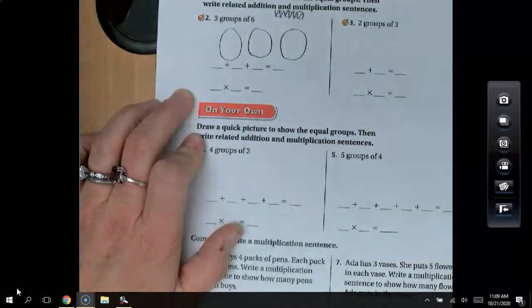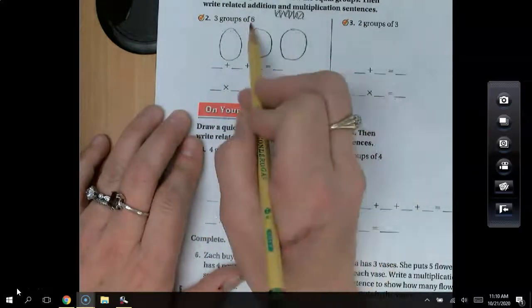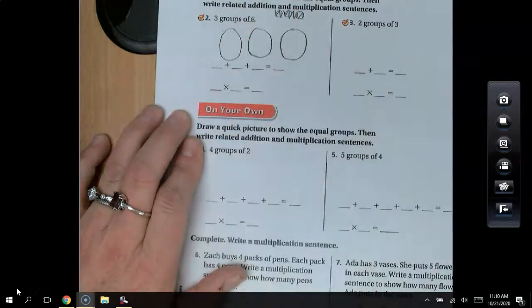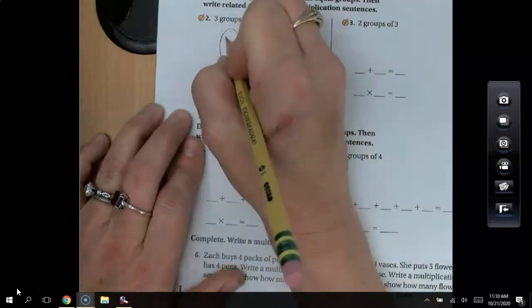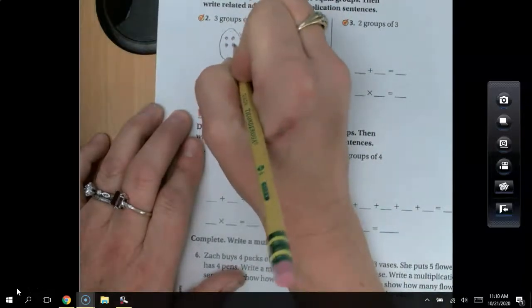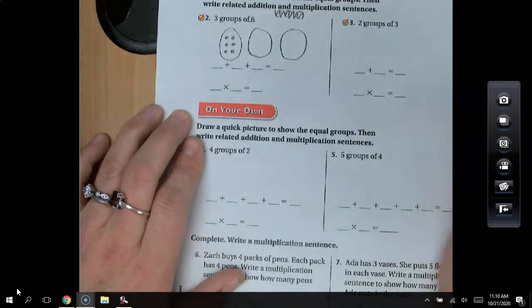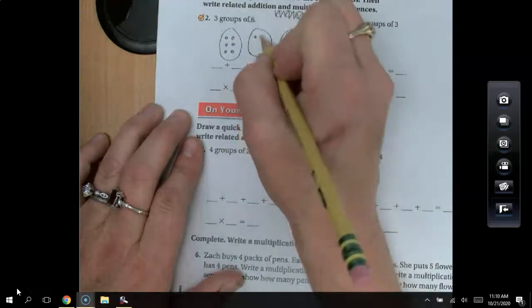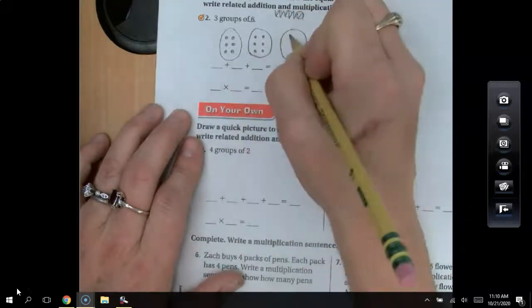All right, so we have 3 groups, 1, 2, 3, and we have 6 in each group. So you need to put 6 counters in each group. So go ahead and do that. 1, 2, 3, 4, 5, 6. Now, when you put your counters in your group, you want to make sure that it's nice and neat and organized, and that each group looks about the same.